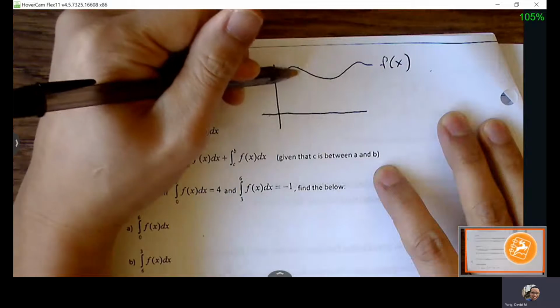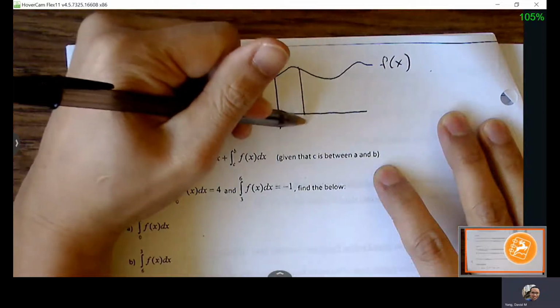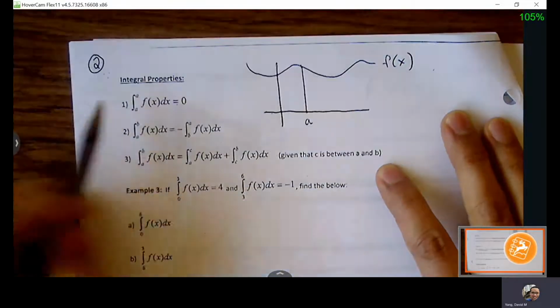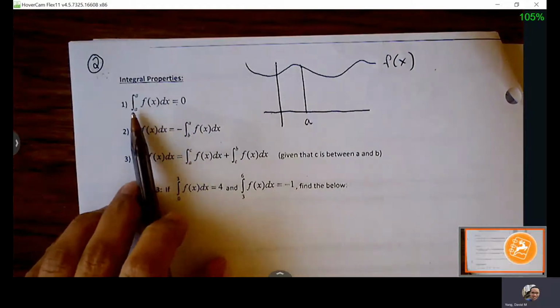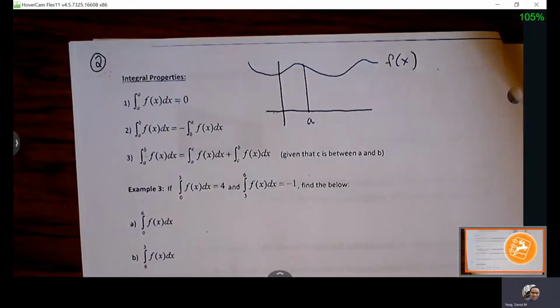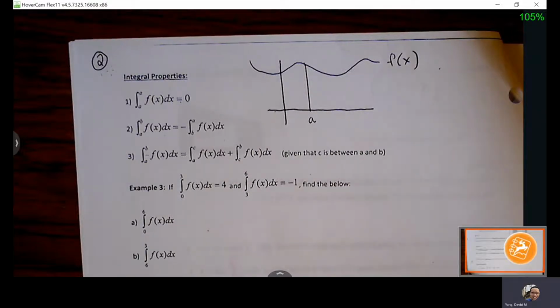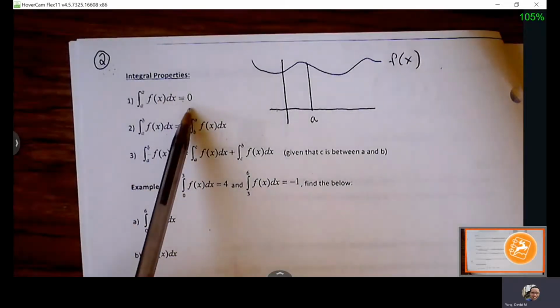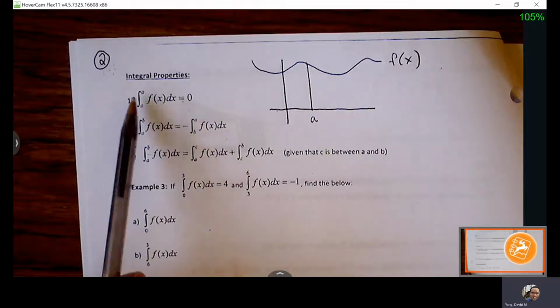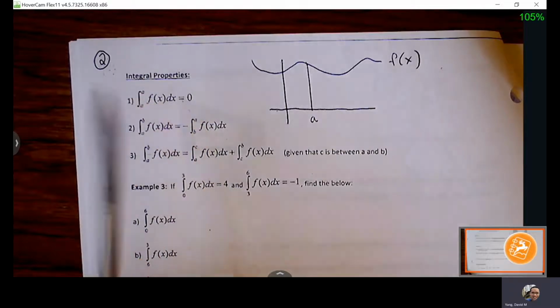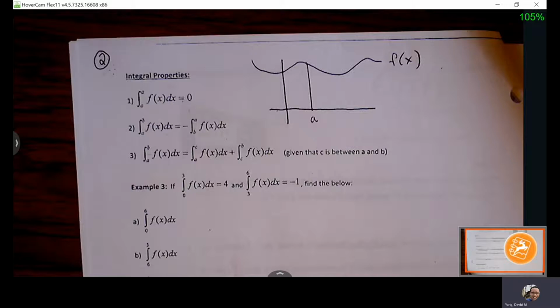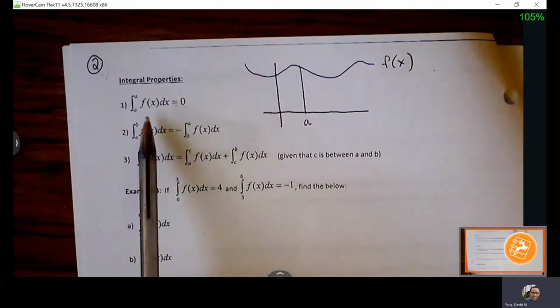Let's say I started at some point A, and ended at A. If I start and end at the same place, do I have a rectangle or any area to find? There's no width, right? If I have no width, I can't have area. If I don't have area, then it's always going to be 0. So if my bounds are the same, that means I haven't moved. If I haven't moved, there's no area to find. It's always going to be 0.